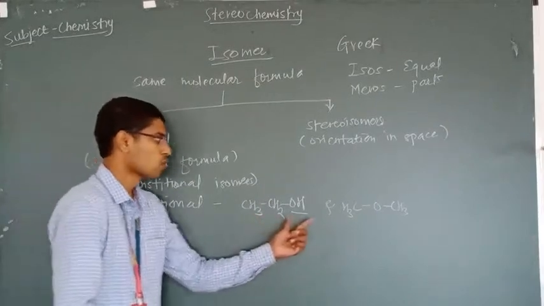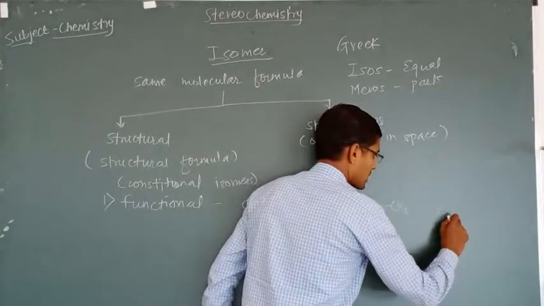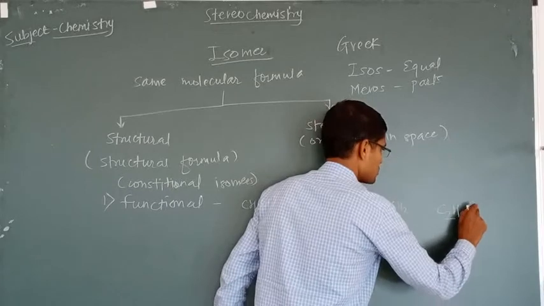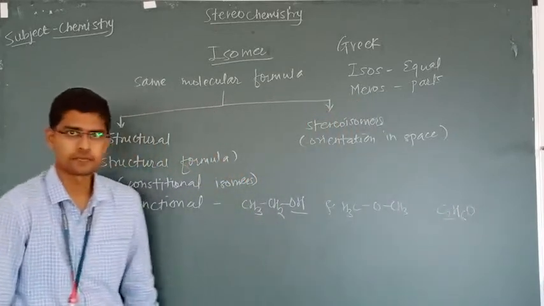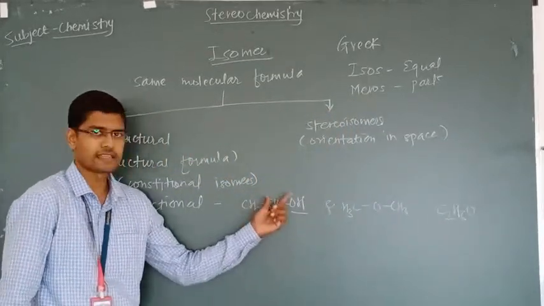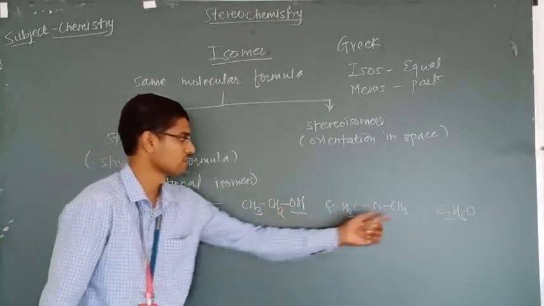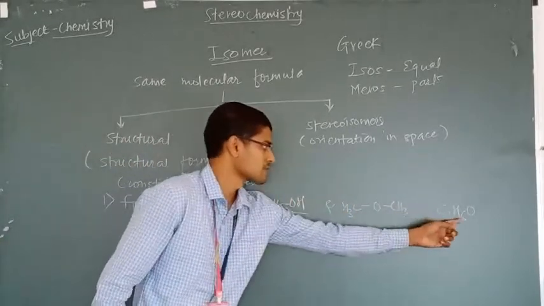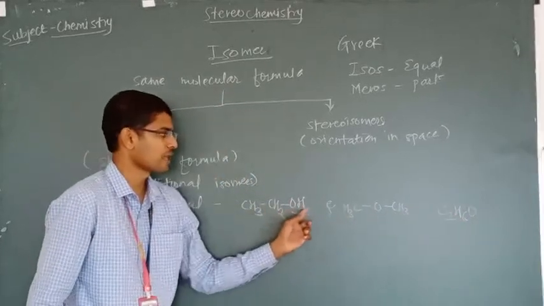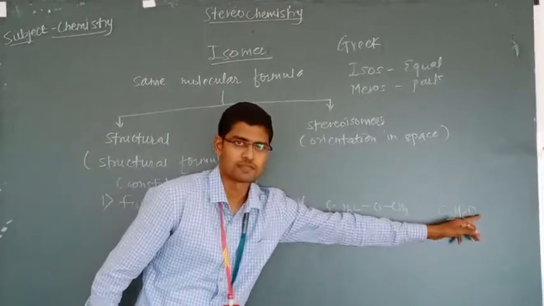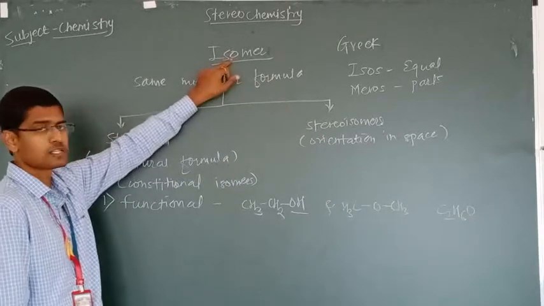Both have the same molecular formula, C2H6O. That means the number of atoms in these two compounds is the same: 2 carbons, 6 hydrogens and 1 oxygen. That's why they are called isomers.